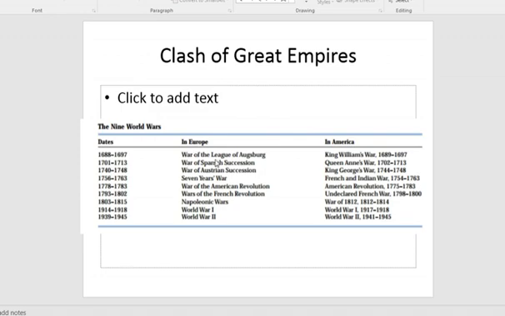It starts way back in 1688 with the War of the League of Augsburg, dealing with Spain, the Austro-Hungarian Empire and the Holy Roman Empire. Basically we have a number of wars fought to see who's going to be the top dog in Europe.